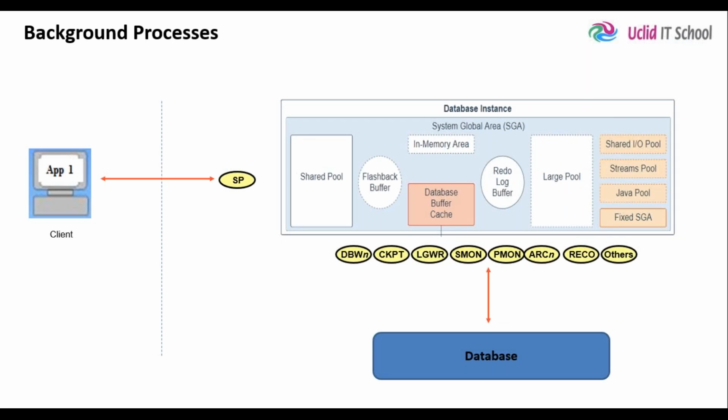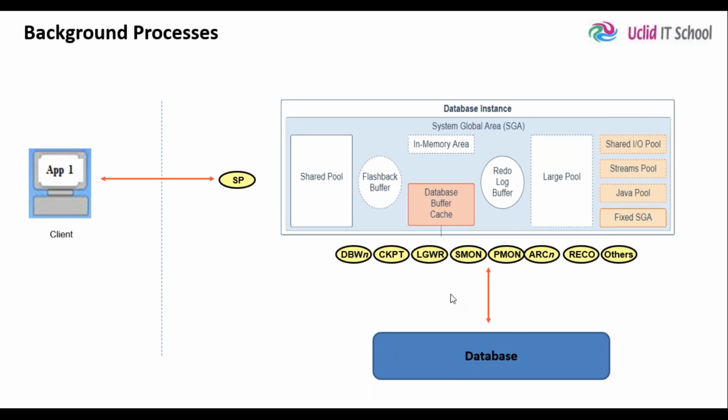Now, just to represent these processes in the overall picture, you can see here the big picture. You have basically three components here. You have a client system on which your application is running, and you have a database server. Your database server has two components, the database instance and the database.